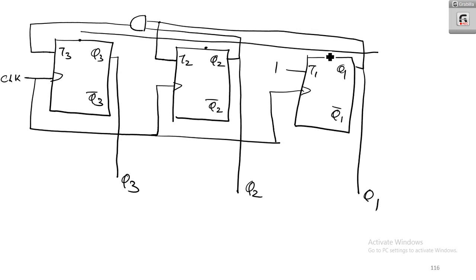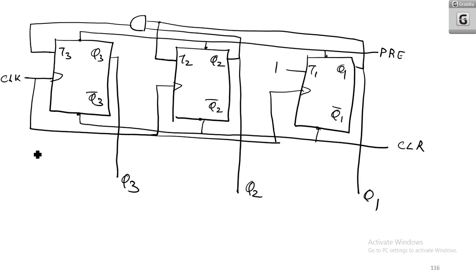There is no need to draw it, but it is good to draw it. Before any circuit can function, you should press preset and clear. So this is the basic logic circuit of the mod 3 synchronous counter.